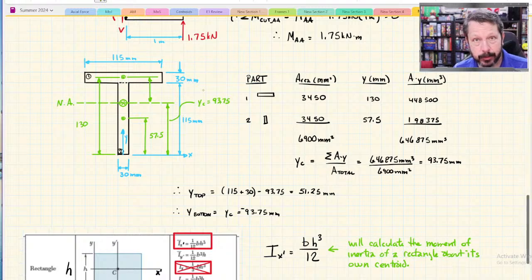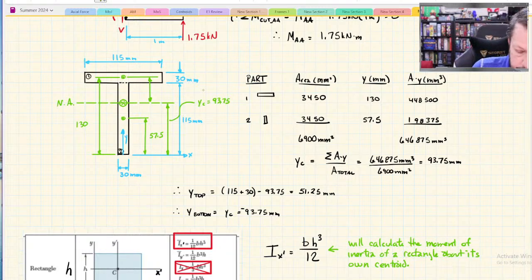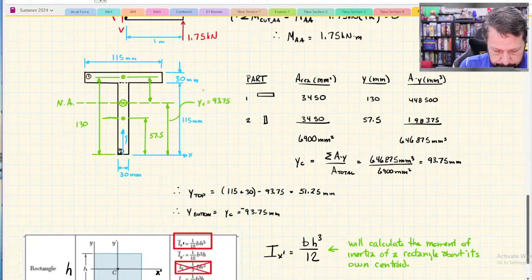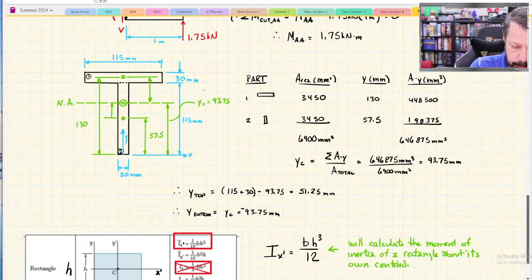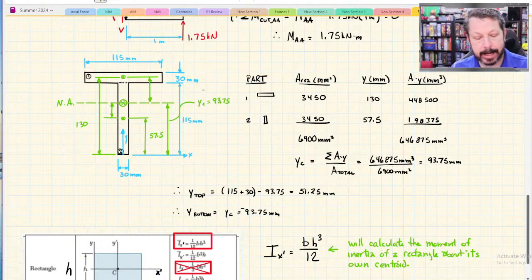That value is y. For the stem, I need to move the axis that goes through the centroid of the stem up to the neutral axis, and so it has that distance.